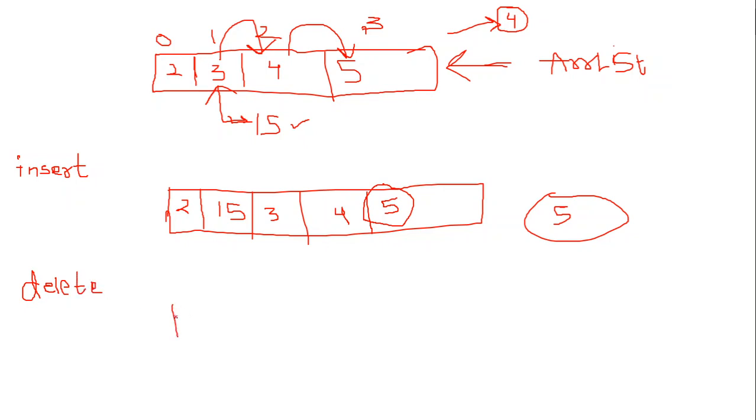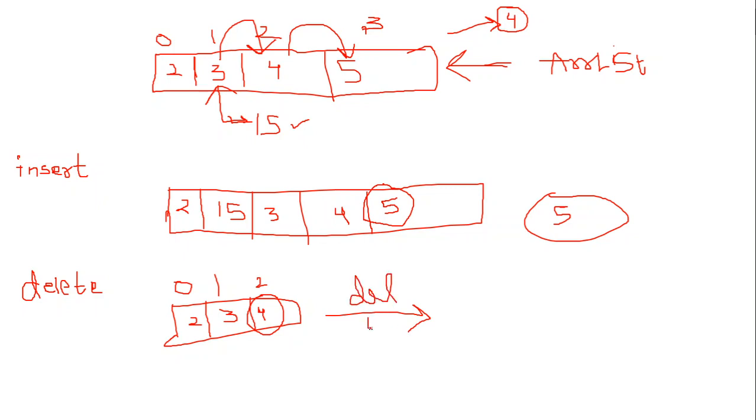Suppose this is my array list: 2, 3 and then 4. Indexes are 0, 1, 2. If I have to delete 4 from here, our array list will look like this.